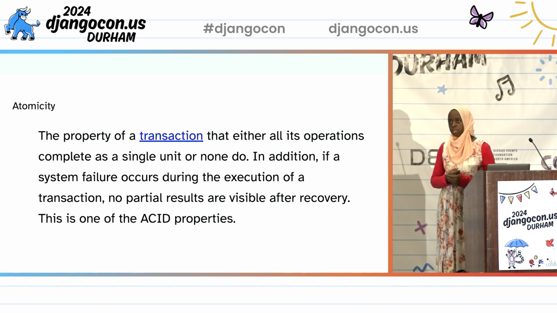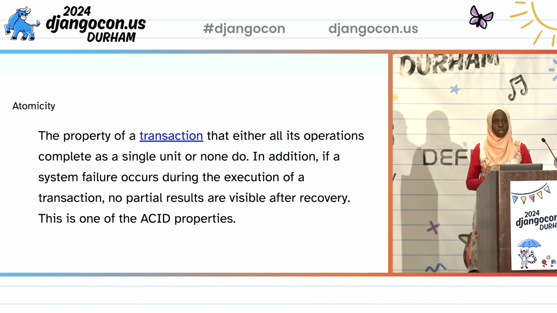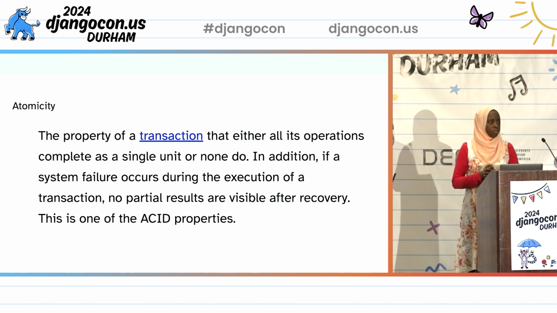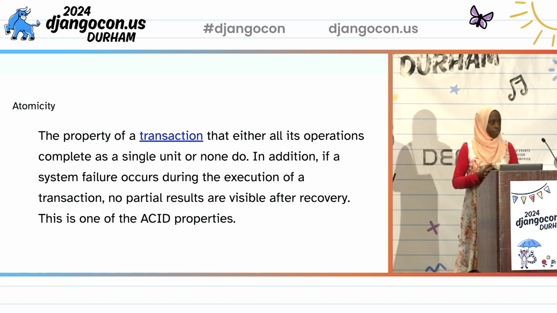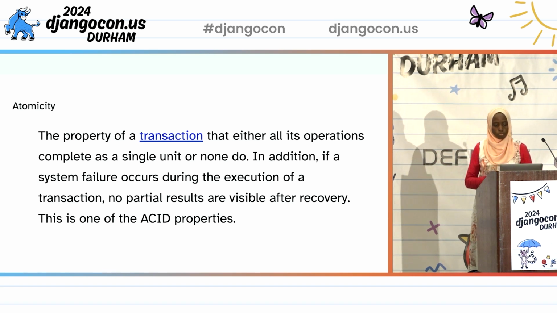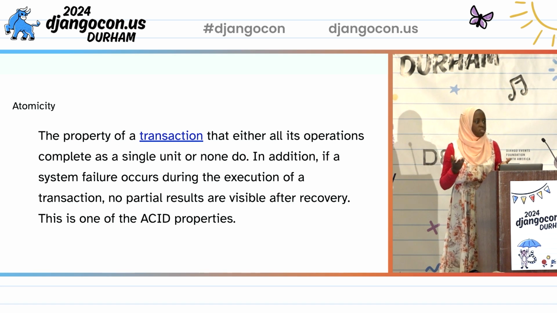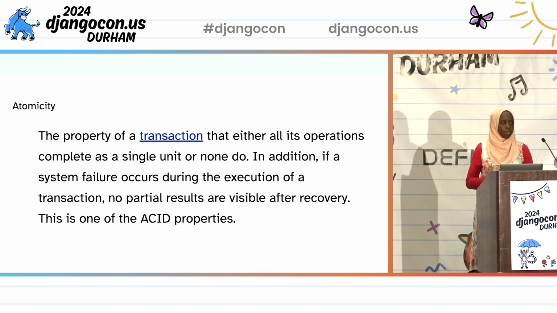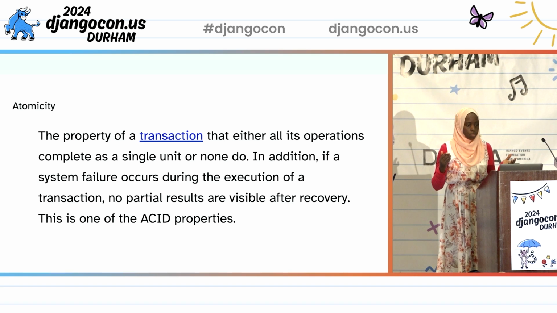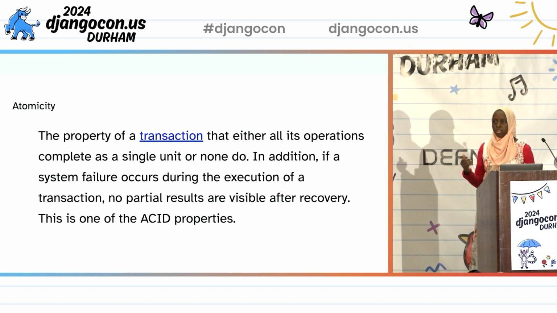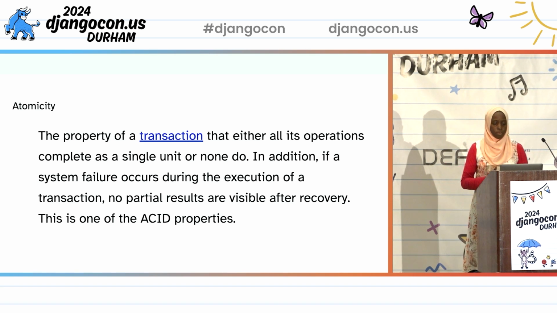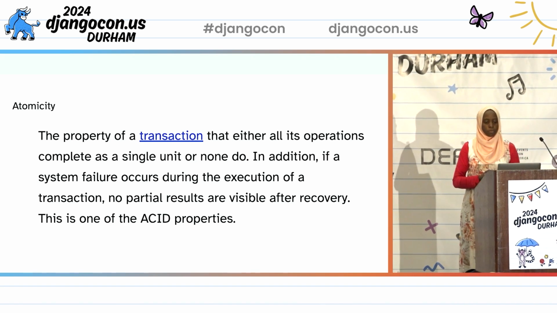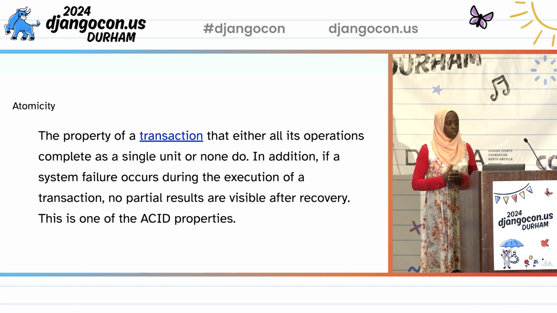And some would even argue that atomicity helps all the other properties in the ACID acronym. Because to keep it consistent, you really need it to perform all the transactions at once or fail if there's an execution error.